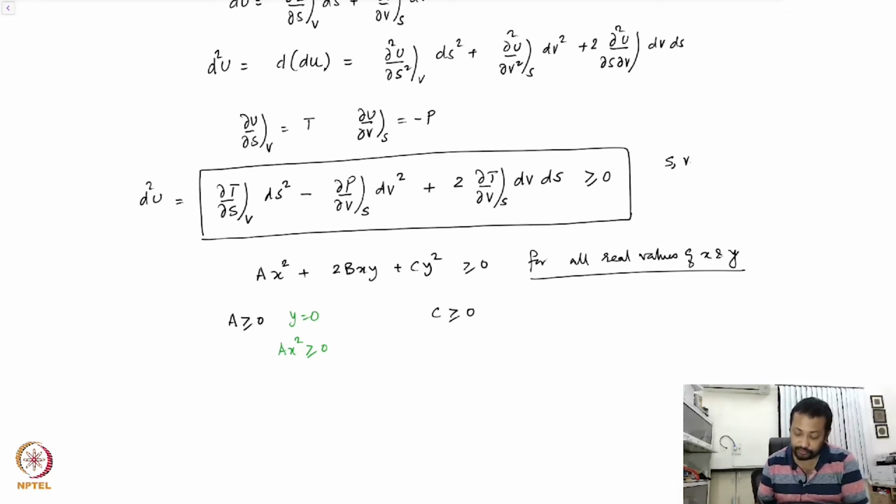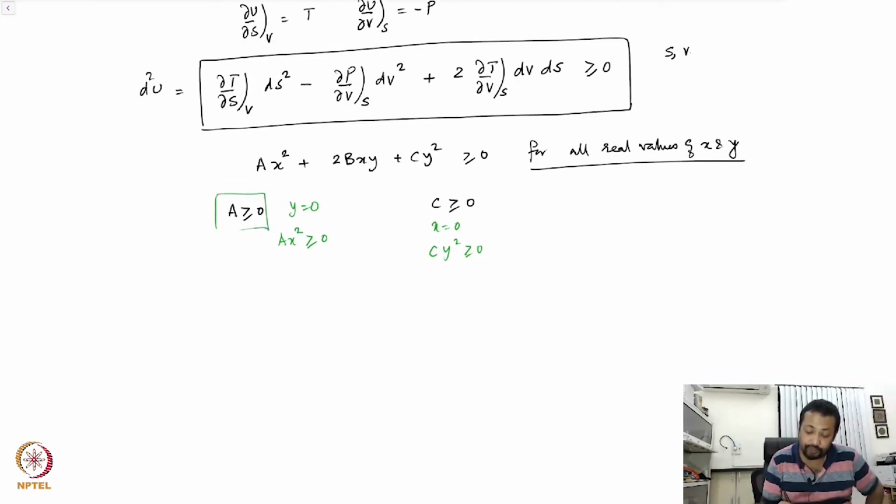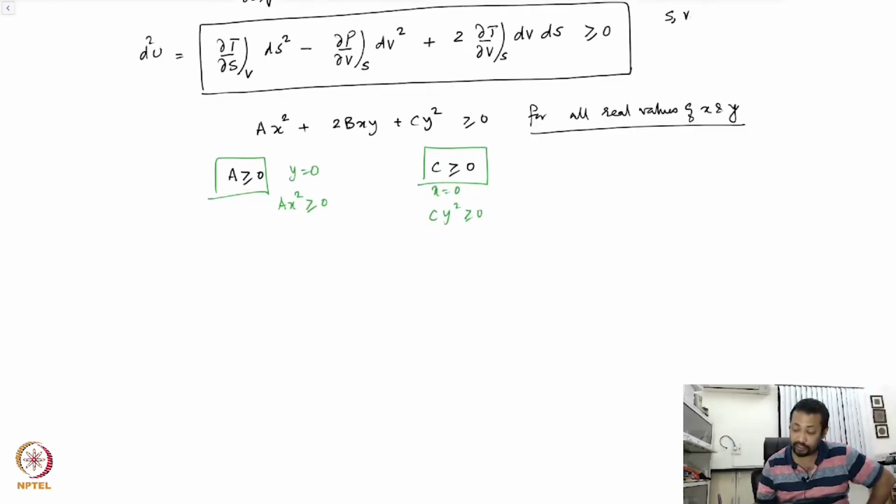And here, of course, we will take x equal to 0, and the inequality takes the form c y square is greater than 0. Once again, y is being squared here, therefore c has to be a positive quantity. So these are the two obvious restrictions on the coefficients that I have. Correct? Now, can I do more? As it turns out, I can do more.